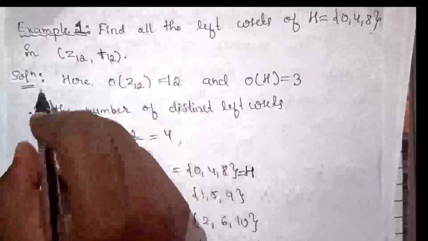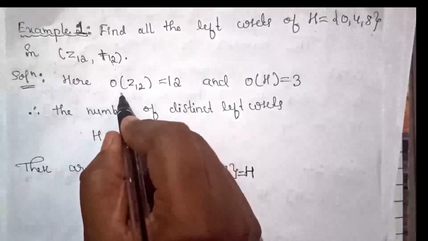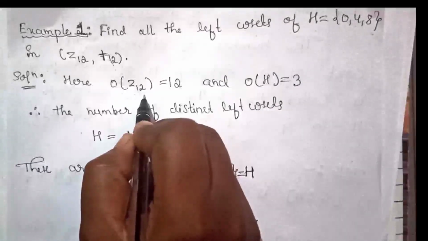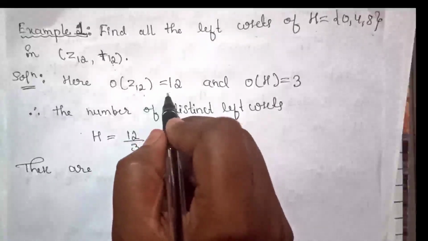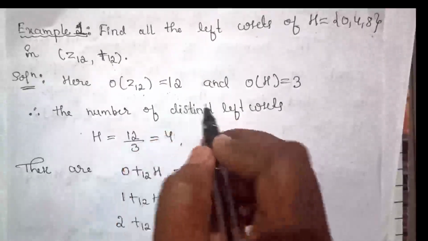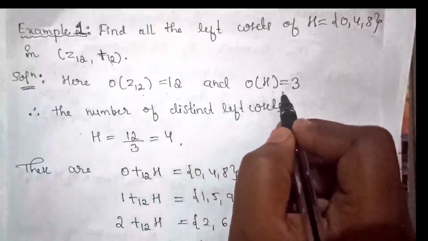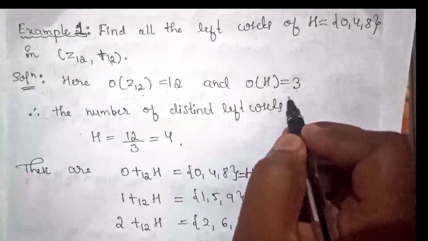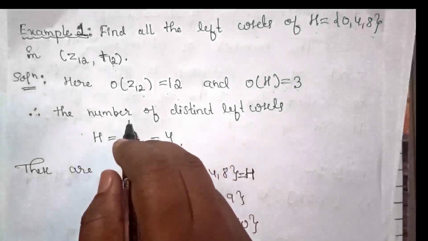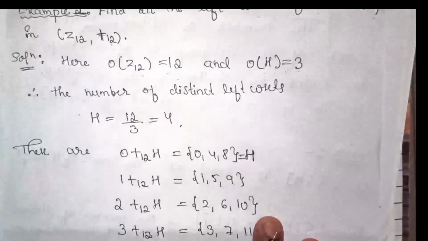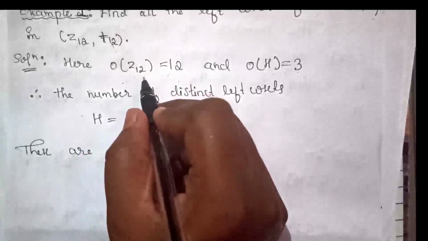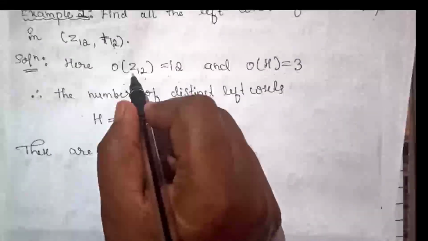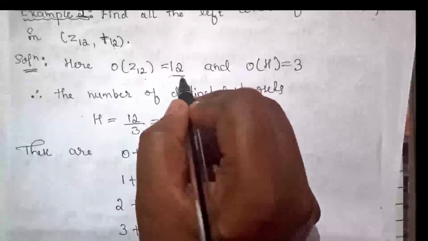Okay. So solution: here the order of Z12, the set of integers, has 12 elements, and the order of H is equal to 3. Here we consider only positive integers, the first positive integers, because it is Z12, there exist only 12 elements.